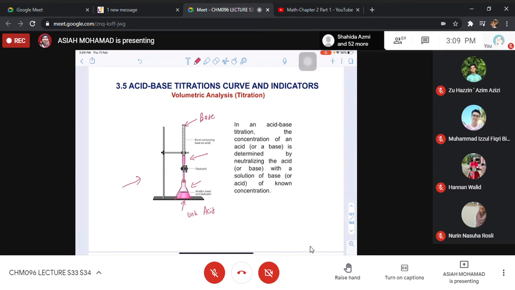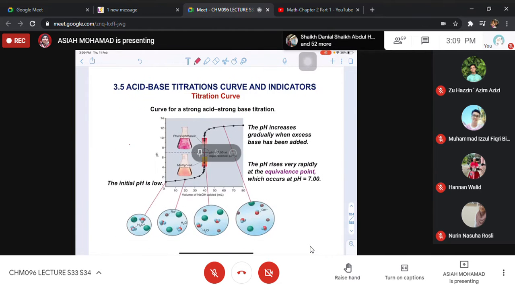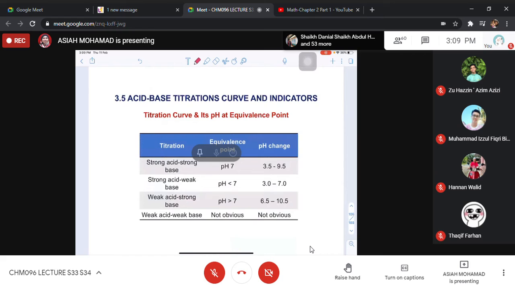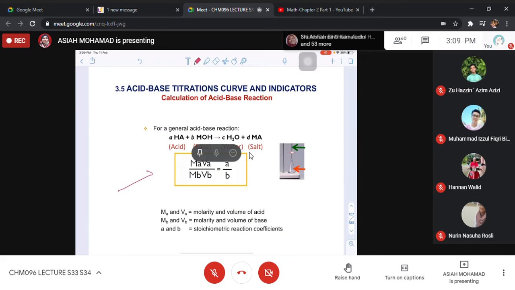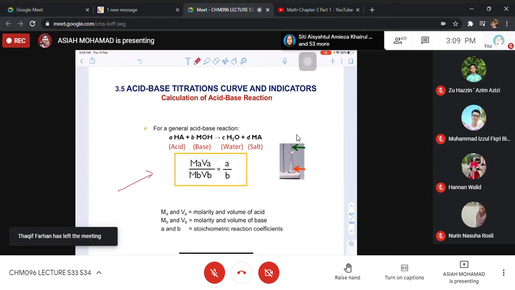We want to determine the volume of base used to neutralize this acid, by using this formula. I know that you have learned this in your school days, but let's highlight again: MAVA over MBVB, the formula to calculate neutralization, is equal to a over b.